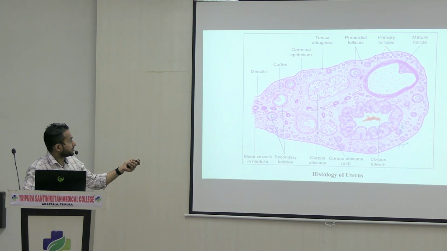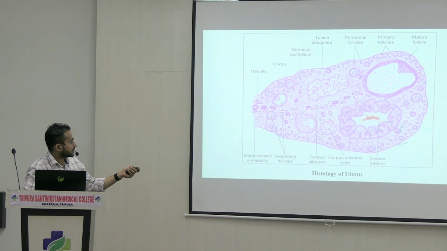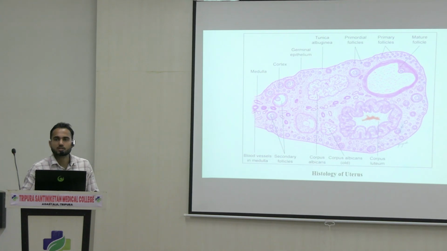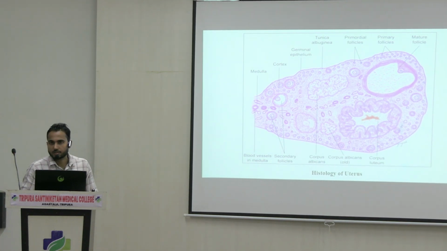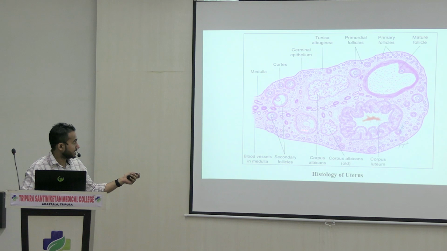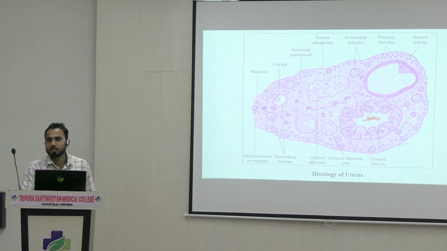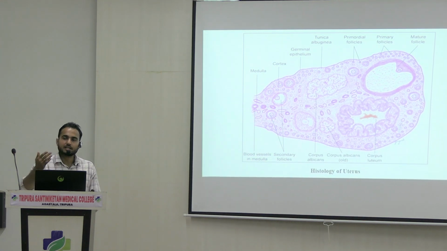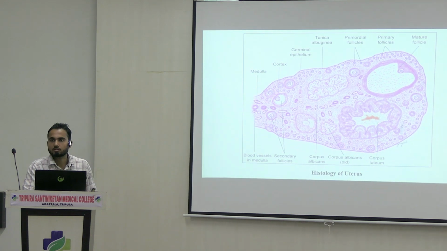Then you can see a mature follicle is there. Okay, then corpus luteum is present, corpus albicans. So these are the different stages of the oocytes present over here. Before ovulation, after ovulation, all the cells are present in the cortex. And if you see, the medulla is mainly occupied by blood vessels, nerves, lymphatics. Okay, this is how you have to identify the various parts of the ovary.